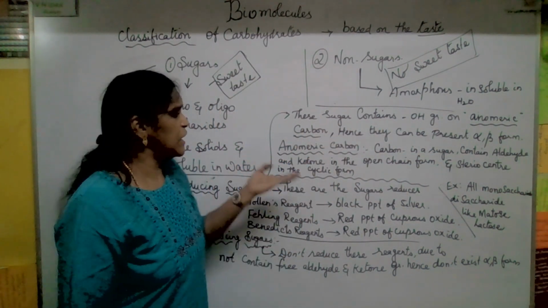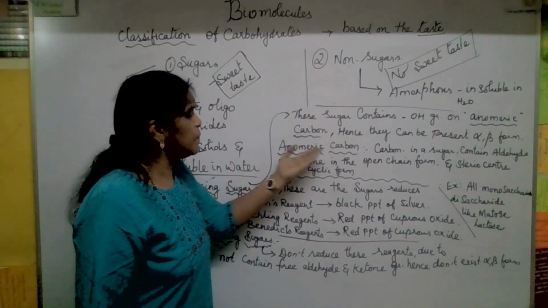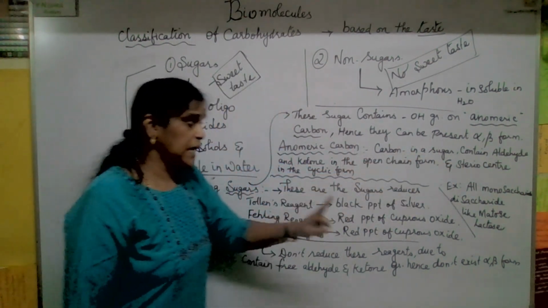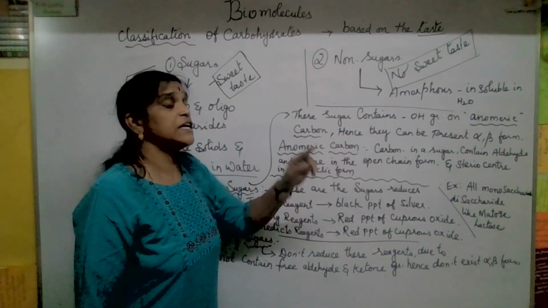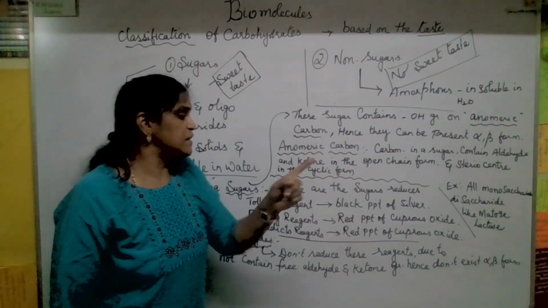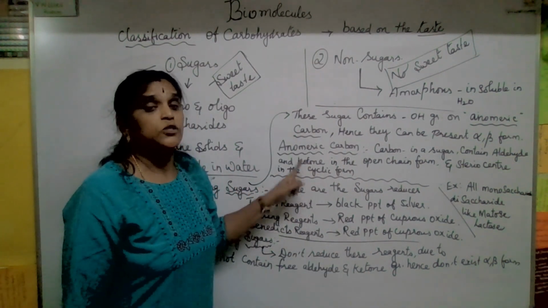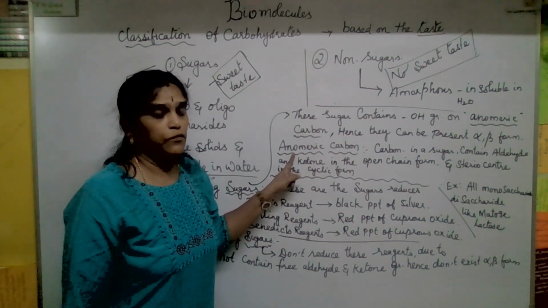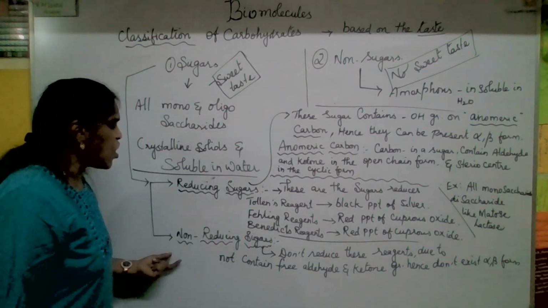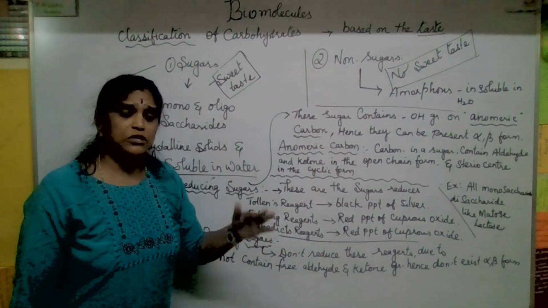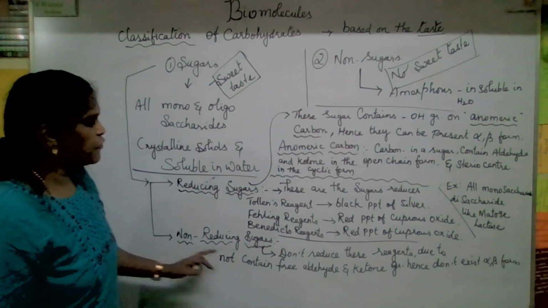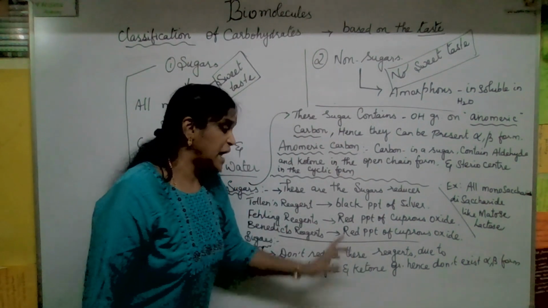What is the anomeric carbon? Anomeric carbon is the carbon in a sugar which contains the aldehyde or ketone in the open chain form and becomes a stereo center in the cyclic form. So this is called the anomeric form, that is the alpha beta form. Okay, now whereas non-reducing sugar, the name itself says it will not reduce. Of course, it does not reduce these reagents.